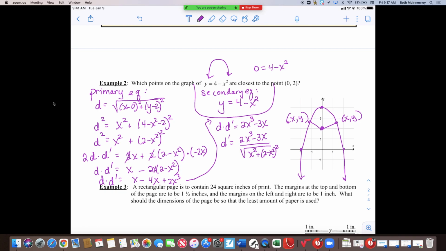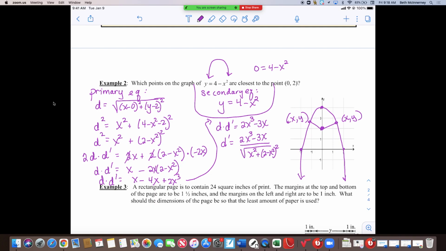It's very, very advanced, okay? So I know that that's a little confusing here. Do you see that here's my d? This is my d, and when I plugged in that y was 4 minus x squared, that did tidy up to that. So this really is d. So I just divided both sides by d.